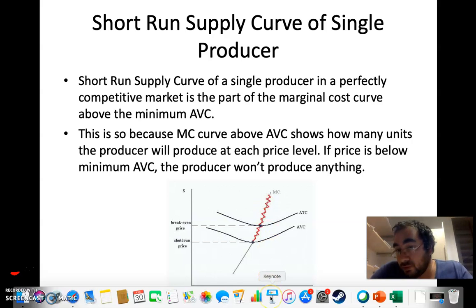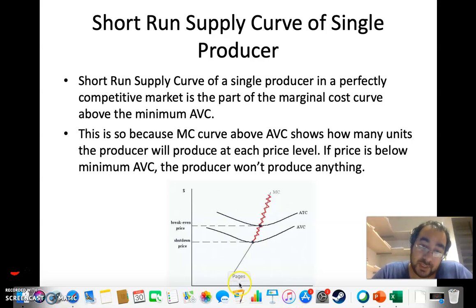That gives you the quantity which will be supplied by the producer. For a single producer in a perfectly competitive market, the MC curve shows what quantity will be supplied at each price level above the shutdown price level. Below the shutdown price level, the producer will supply 0 units. So this part is not included.